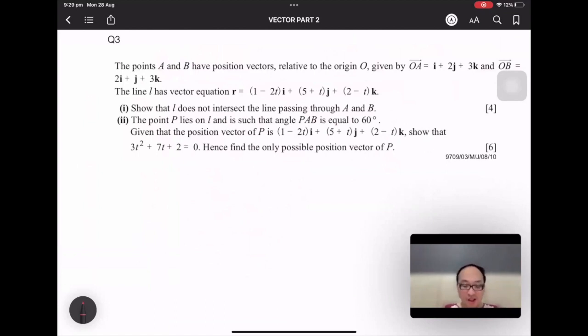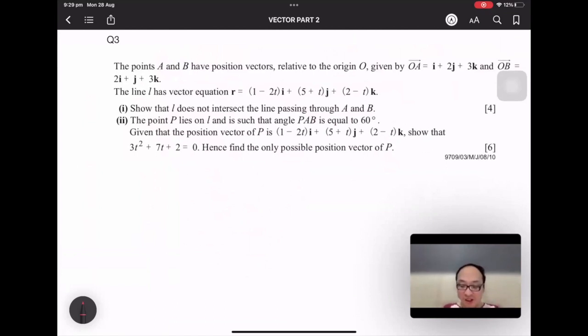So I write the vector equation: this is (1 minus 2t, 5 plus t, 2 minus t), or I can rewrite it as r equals (1, 5, 2) plus t times (-2, 1, -1). Show that L does not intersect the line passing through A and B.